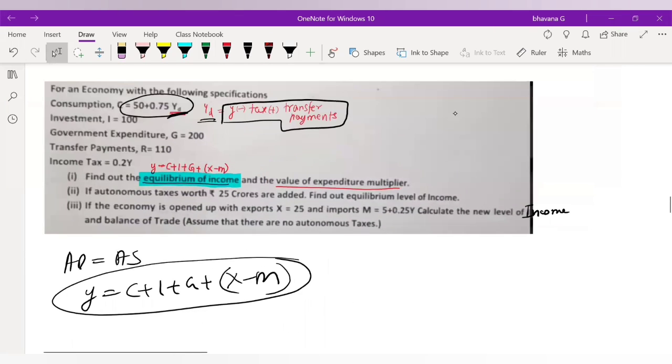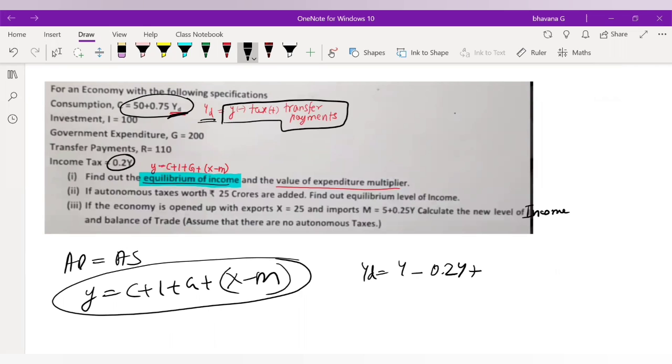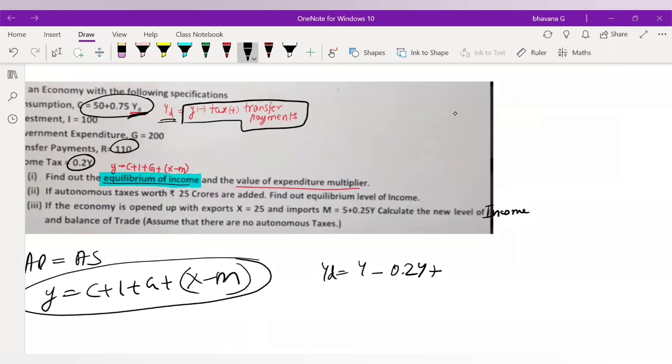So let's do that first. YD equal to Y minus tax. What is the tax here? It is 0.2Y, plus transfer payments, which is 110. If you do this, you will get YD as 0.8Y plus 110.